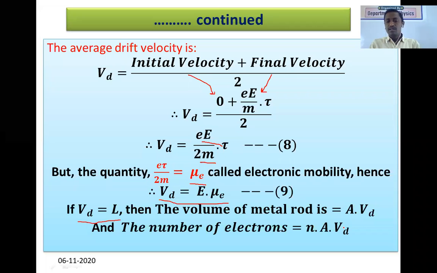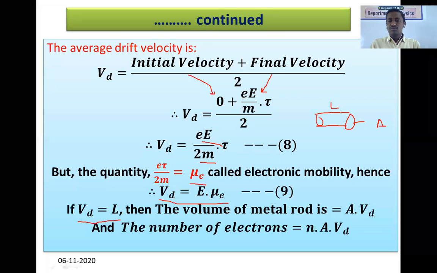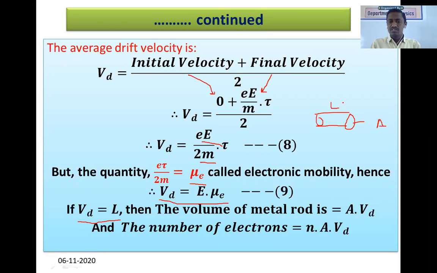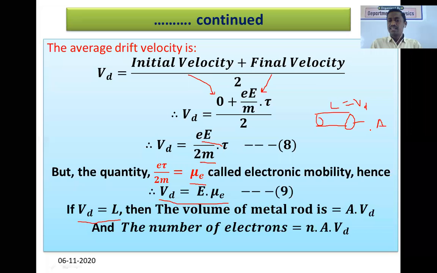The volume of metal is cylindrical in shape, with cross-sectional area capital A and length of conductor L. We know the average drifting of the electron is throughout the length, so L equals Vd. The volume of the cylinder will be length into cross-sectional area, so it will be A into Vd.